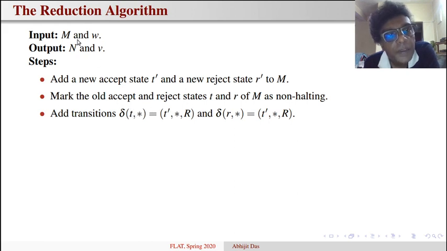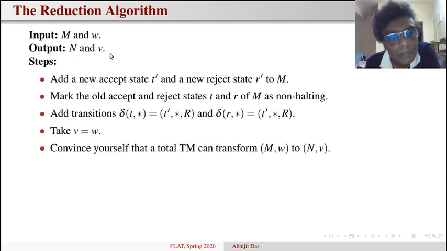If M is in state T, no matter whatever it scans from the tape, it always changes to this T prime and accepts, after making one right movement. Likewise, whenever the machine M reaches the state R, reads whatever from the input, it immediately goes to T prime and accepts. And we take this V same as this W. Now convince yourself that a total Turing machine can make this transformation from this to this.